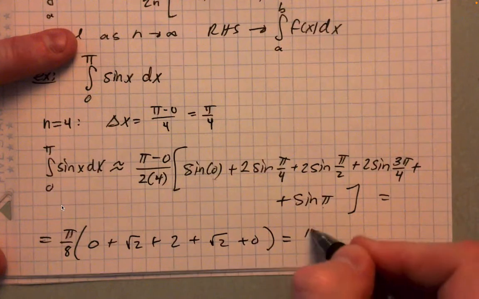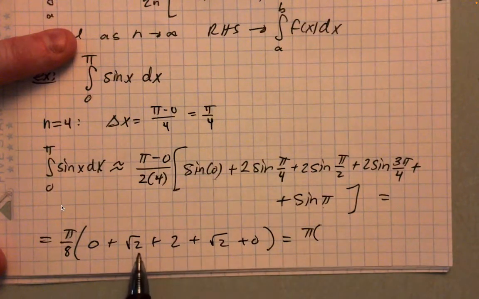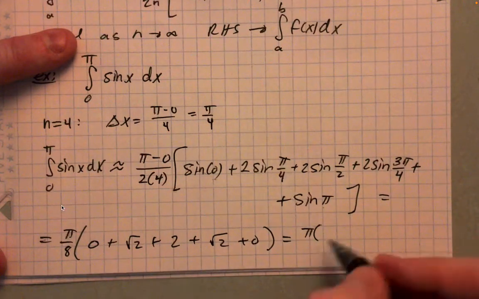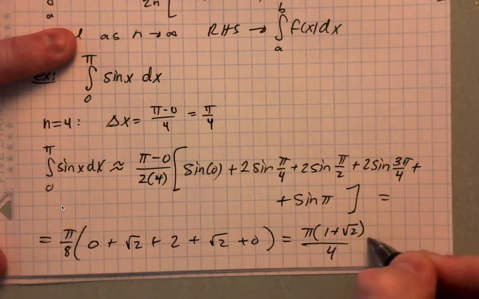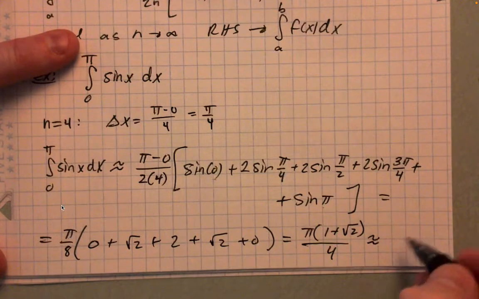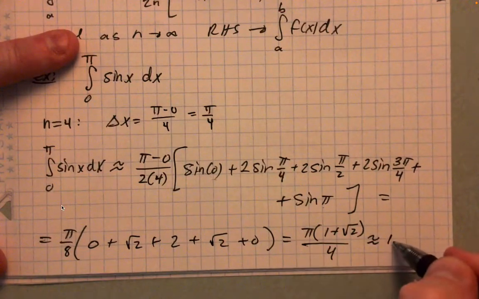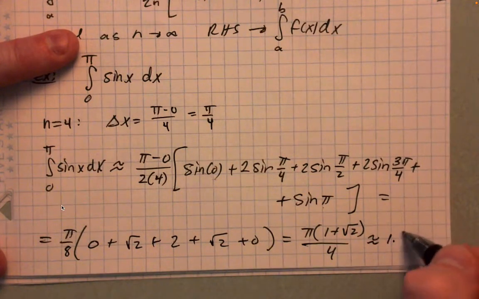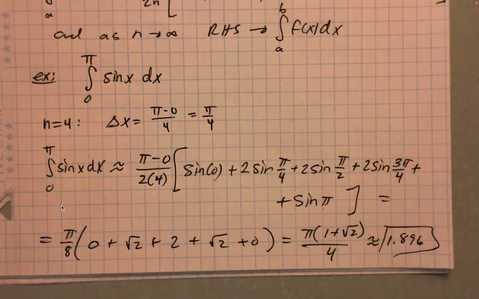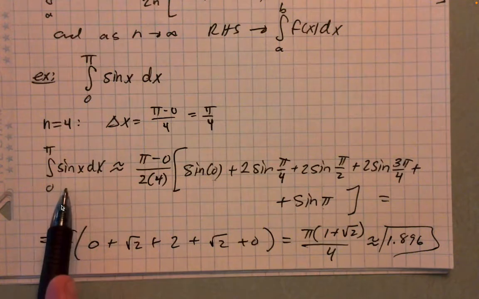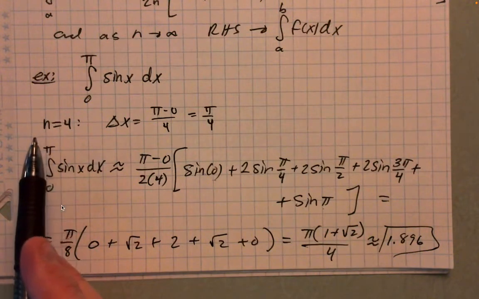So altogether we get pi times, let's see, about 1 plus square root of 2 all over 4. Pull out a calculator and confirm this is about 1.896. Okay, so that's our approximation of this definite integral using just 4 trapezoids.